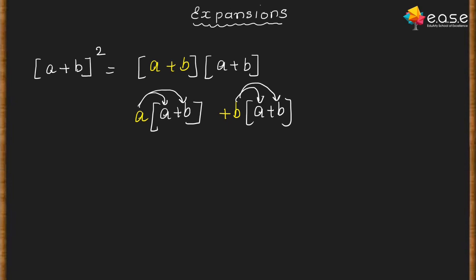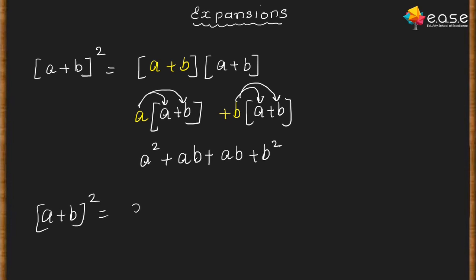What do you get? You get a square plus ab, plus b into a is also ab, plus b square. That leads you to a plus b the whole square is equal to a square plus 2ab plus b square. Now, this is expansion. We have expanded a plus b the whole square and come up to this answer, correct?